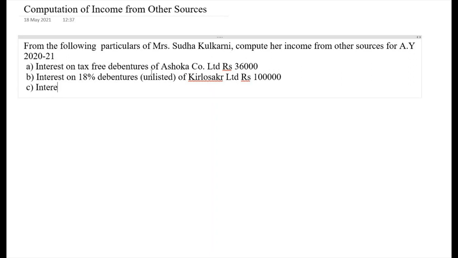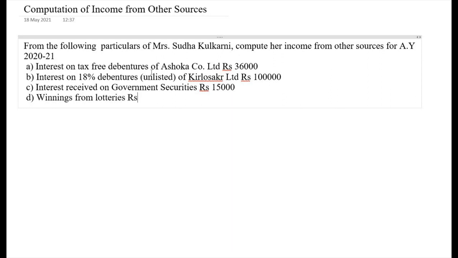C, interest received on government securities, rupees 15,000. D, winnings from lotteries, rupees 1,40,000. In the bracket it is given as net.